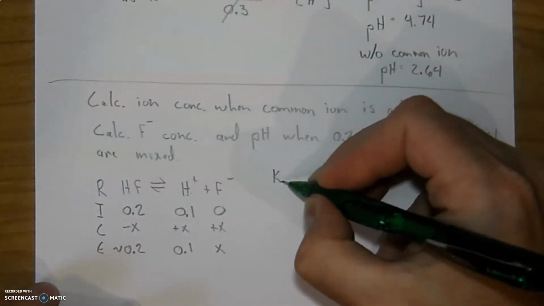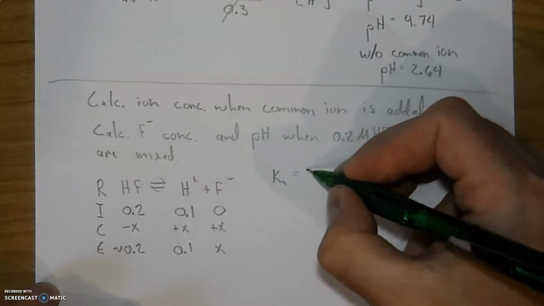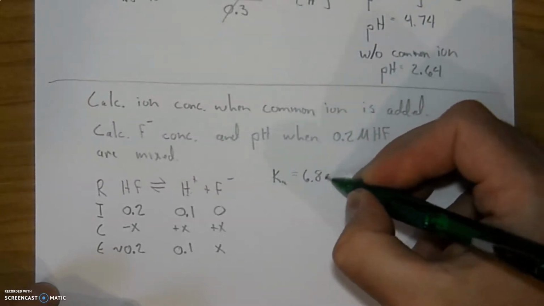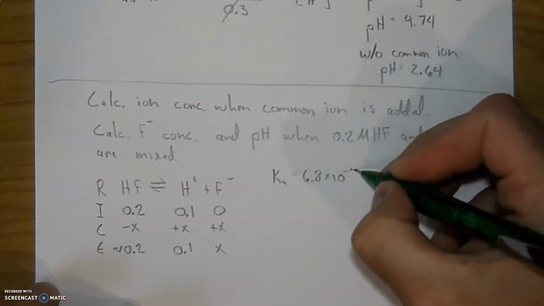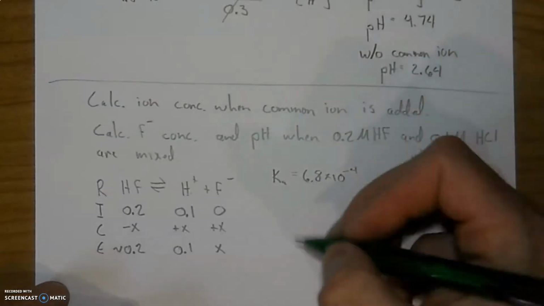If we look up the Ka value for hydrofluoric, 6.8 times 10 to the negative 4. That is its given value.